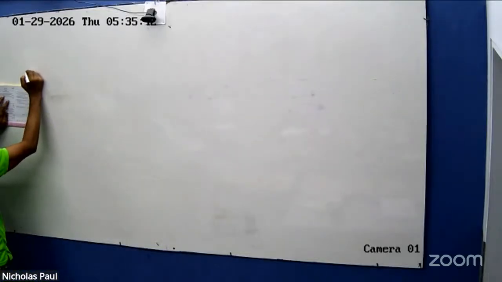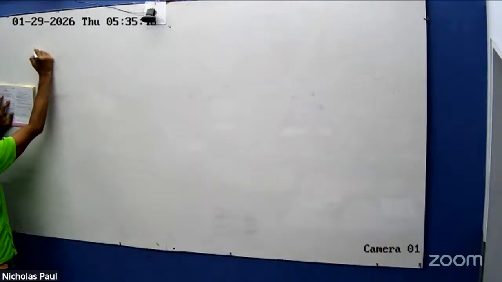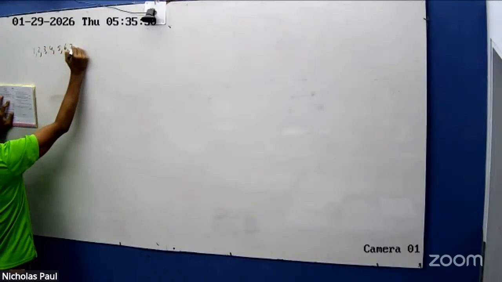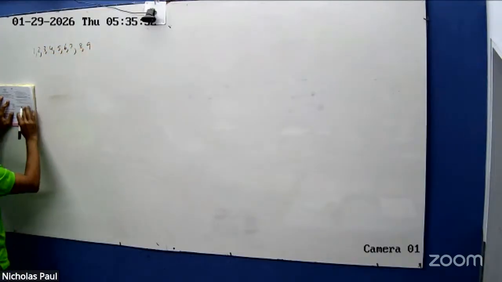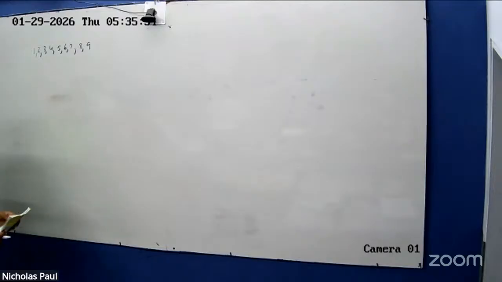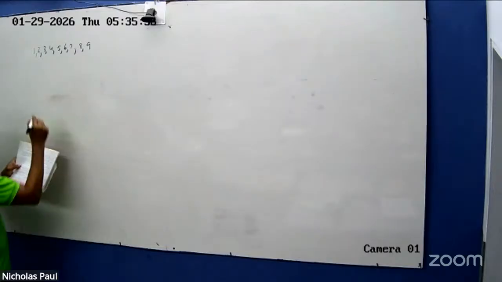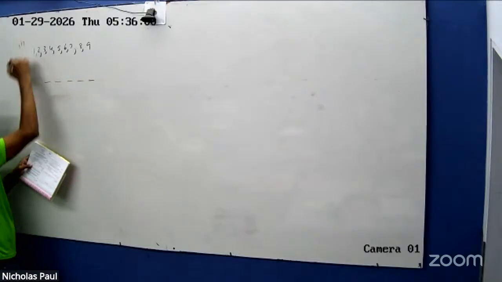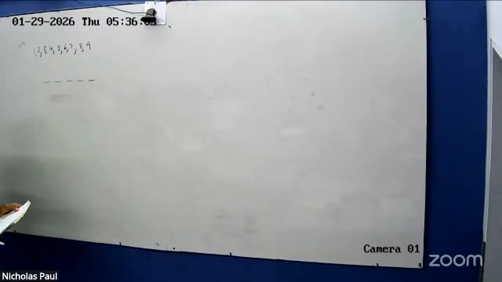Right, how many numbers can make up 5 digits from the numbers 1, 2, 3, 4, 5, 6, 7, 8, 9, if each number contains exactly 1 even and no digit repeated? So you have 5 digits you want to make. Each number contains exactly 1 even digit.